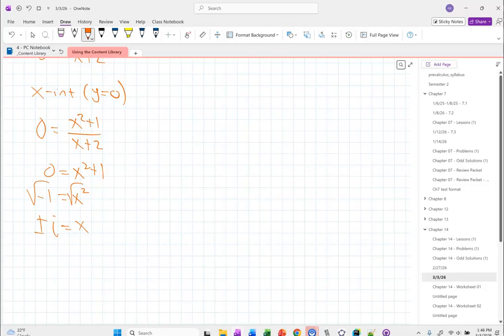There aren't any. An x-intercept is where the graph crosses the x-axis, right? Where are the imaginary numbers on the x-axis? They're not on there!